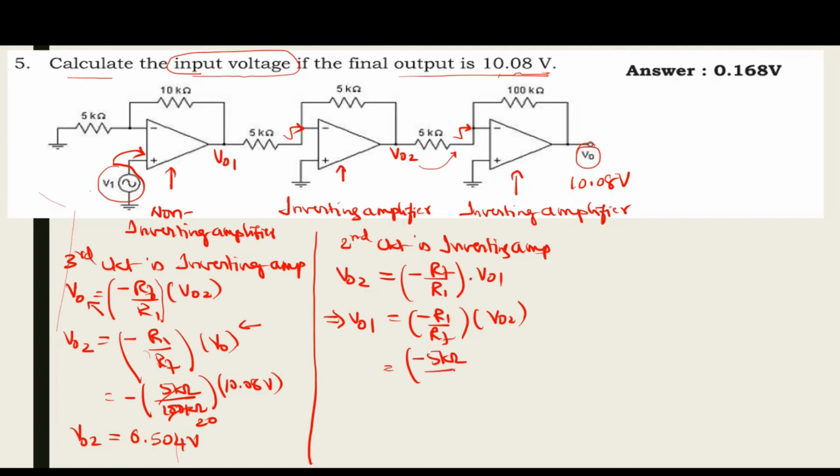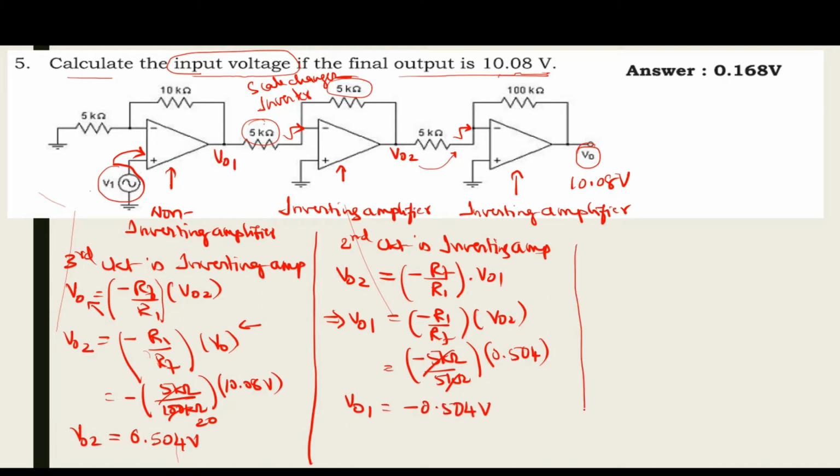Minus 5 kilo ohm by 5 kilo ohm into VO2, that is 0.504. When RF is equal to R1, it is actually making it just an inverter or a scale changer. So, because these two become 1, VO1 will be equal to minus 0.504 volt.